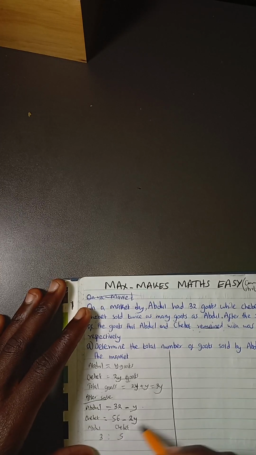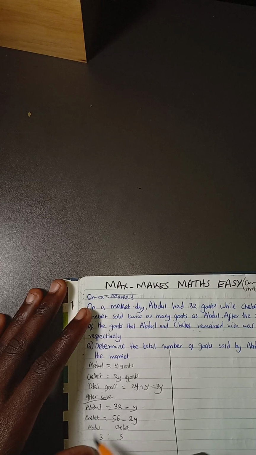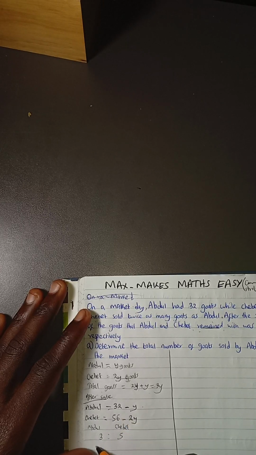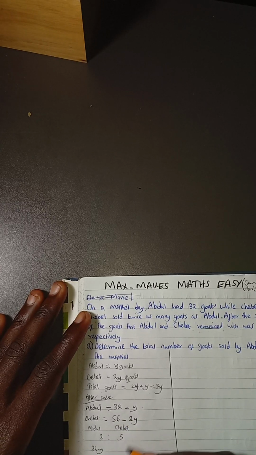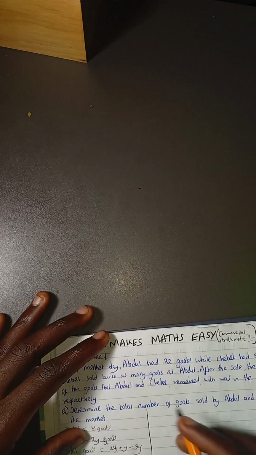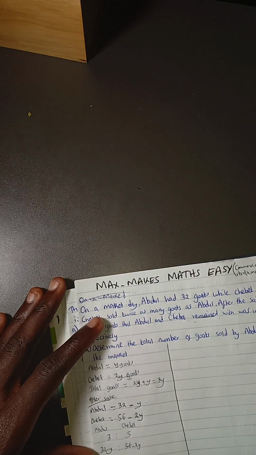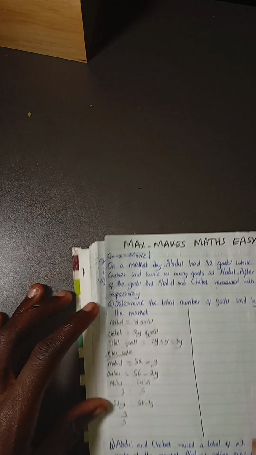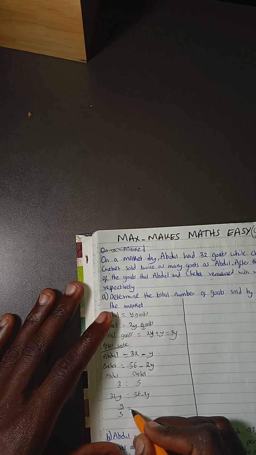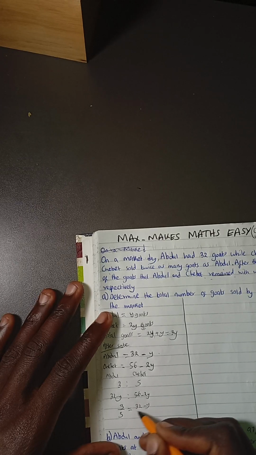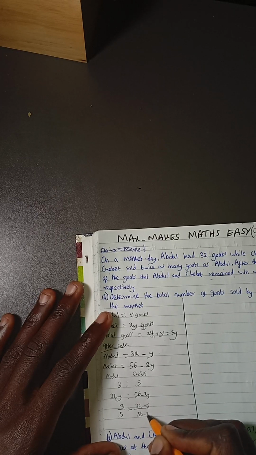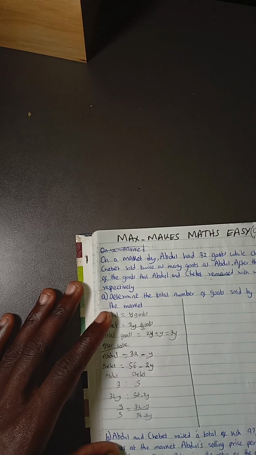Abdul remained with 32 minus Y, and Chebet remained with 56 minus 2Y. Remember that ratio is like division. So 3/5 is equal to (32 minus Y) over (56 minus 2Y).